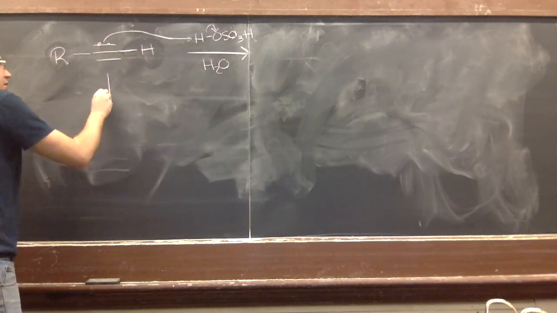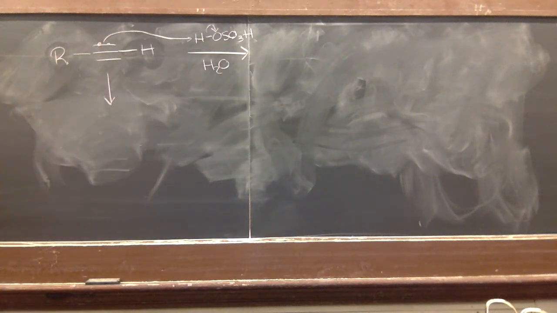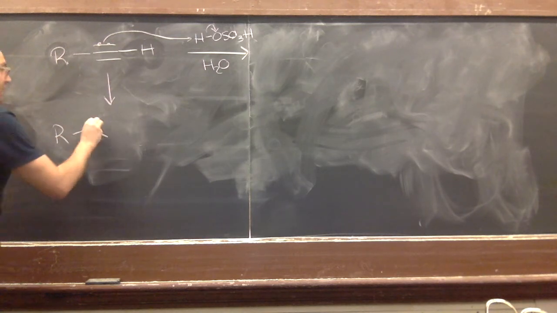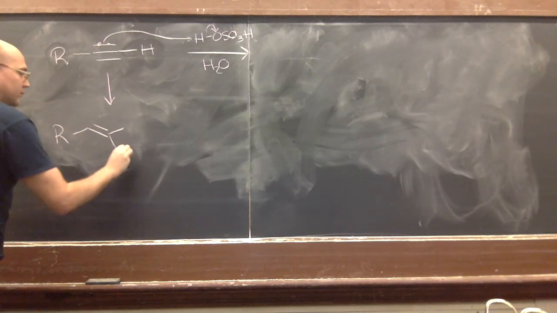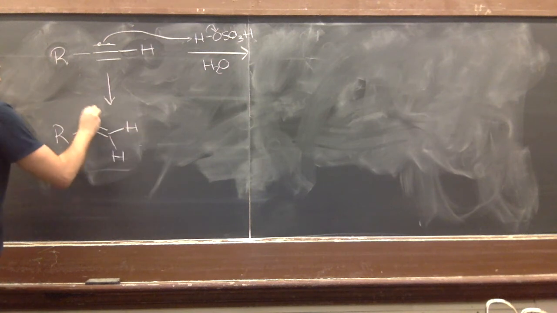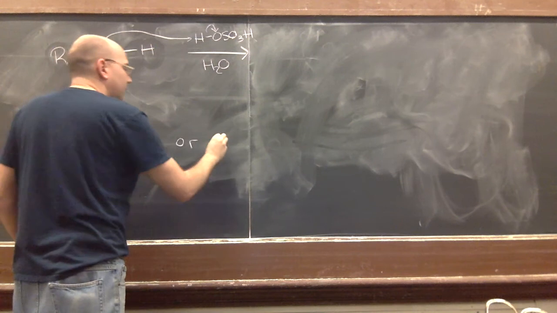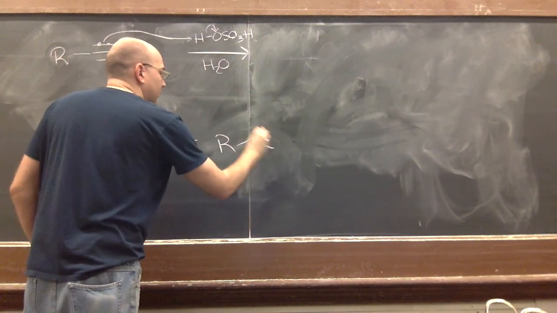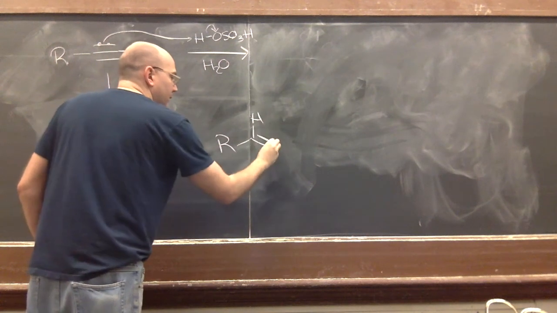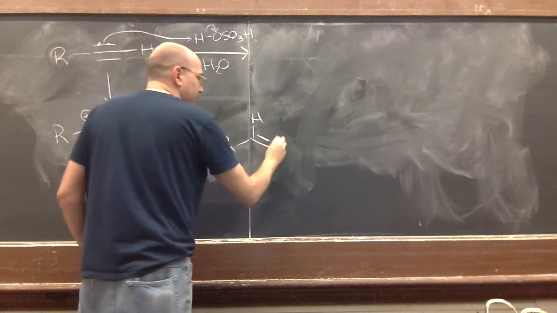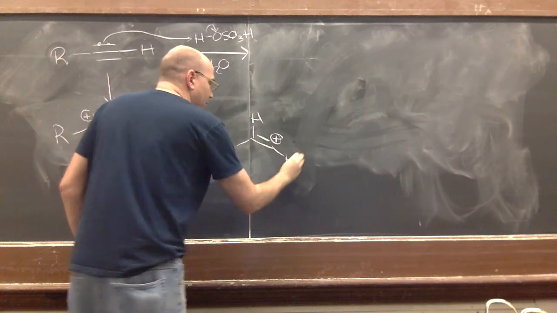And just as we discussed with alkenes previously, when we protonate this molecule, that proton can end up on two possible carbons. And the two possible carbons are this one here, or that one there.